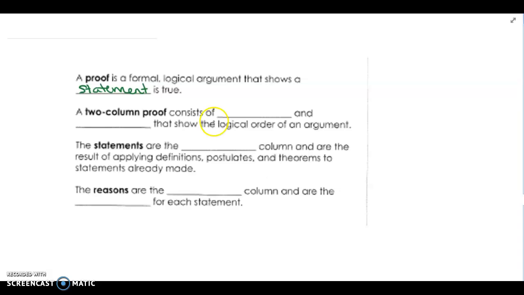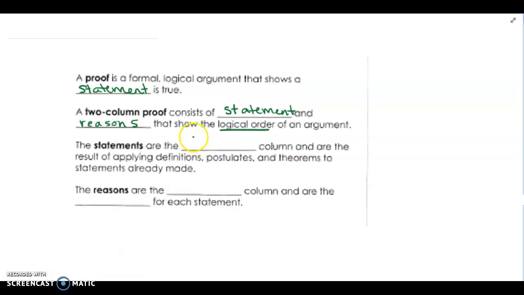Okay, 2-column proofs, which is what we're going to be doing here. It consists of two parts. It consists of the statement part and the reasons part. And it shows the logical order of an argument. So we're going in very sequential order right here.